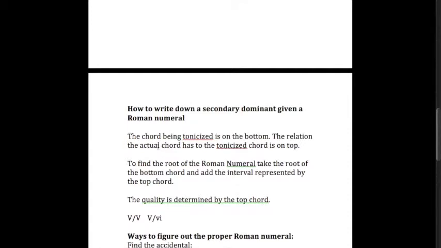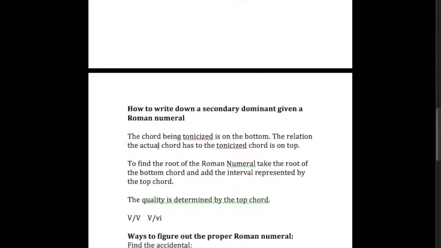So to find the root of a secondary dominant, you need to find the root of the lower chord, or the tonicized chord, and then you need to add the appropriate interval given by the upper Roman numeral. So in the case of 7 of 6, if we're in C major, 6 has a root of A, and then a 7 chord represents the 7th scale degree, which is a major 7th above the tonic scale degree.